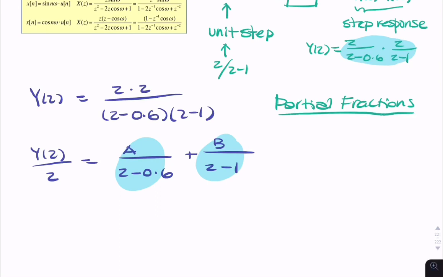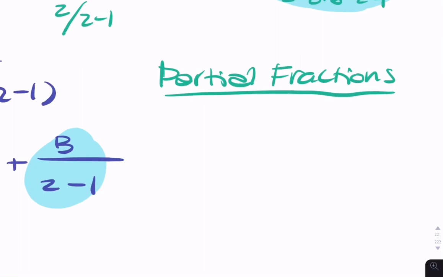So we can say A times (z minus 1) plus B times (z minus 0.6) equals z.